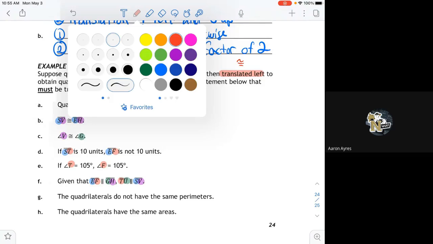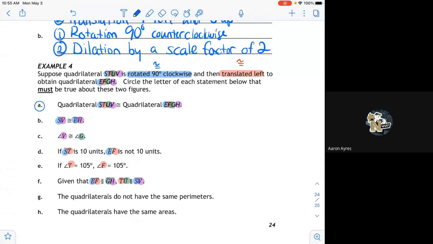So A is true. Okay, everybody have to go to a circle. Should we circle?